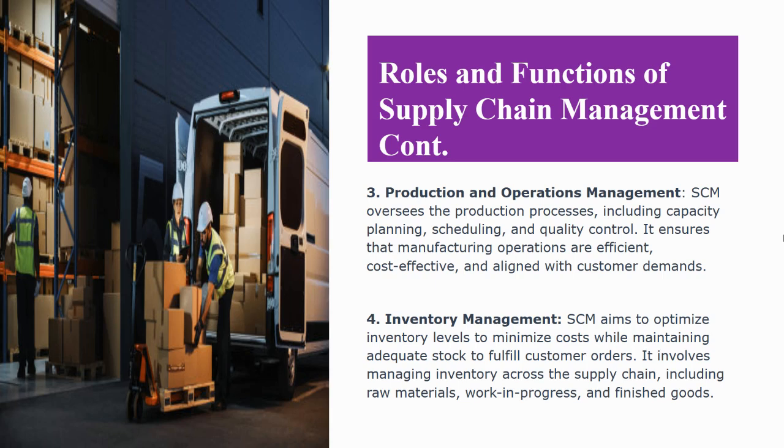Then we also need to track finished goods. We need to be able to show how much we have finished, okay, in terms of the production rate. Imagine we're producing like 1,000 of this particular commodity. So we need to track the raw materials available for us to produce that 1,000. Then we need to monitor the work in progress, the operational aspect, so that we ensure everyone is doing what is required to produce that 1,000 within a set period of time.